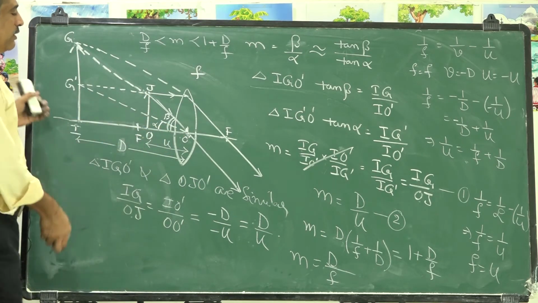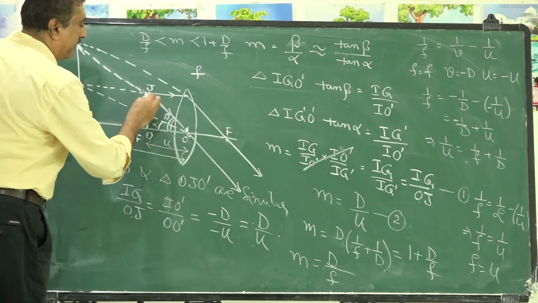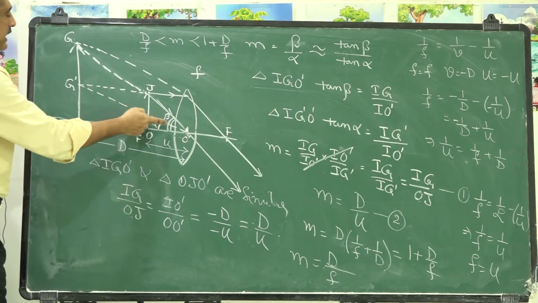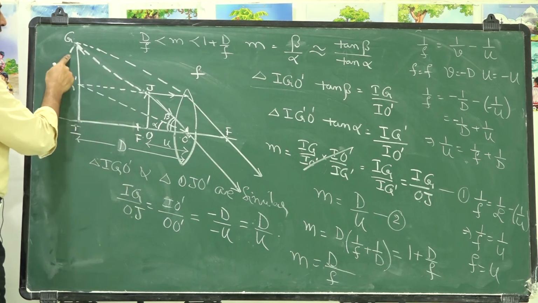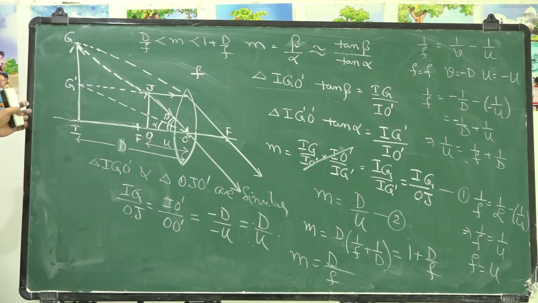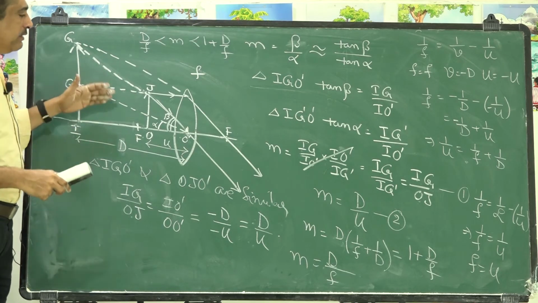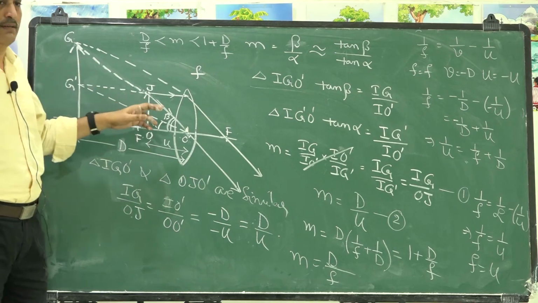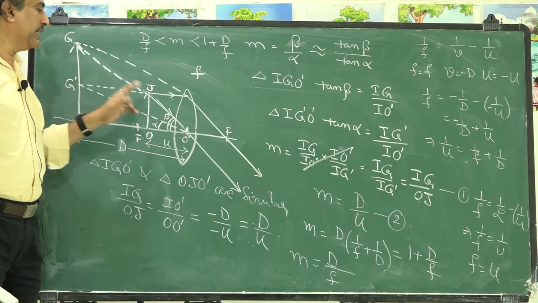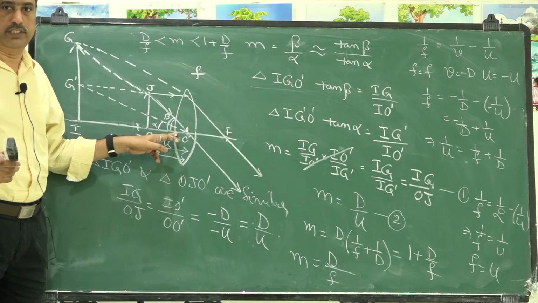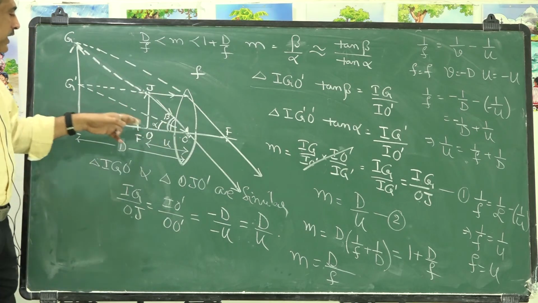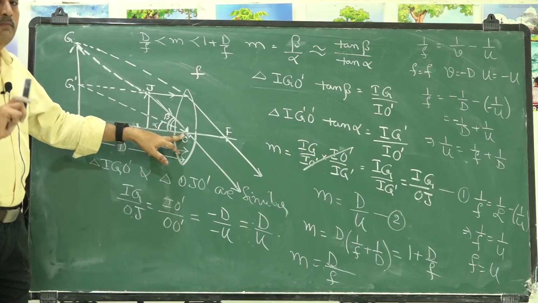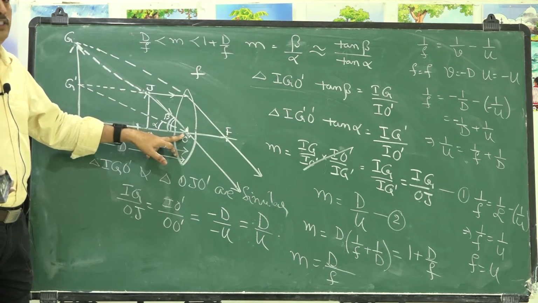By drawing graphically, we observe that the image is formed at least distance of distinct vision, and this image is erect and virtual. The magnifying power of a simple microscope is defined as the ratio of the angle subtended by the image at the eye when it is at least distance of distinct vision to the angle subtended by the object when placed at the least distance of distinct vision at the eye.